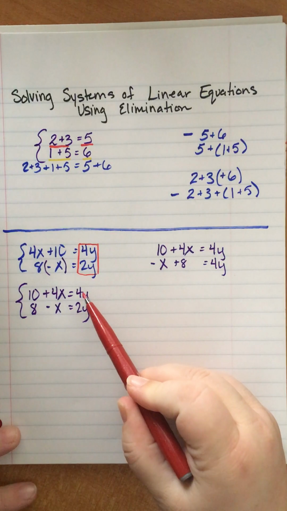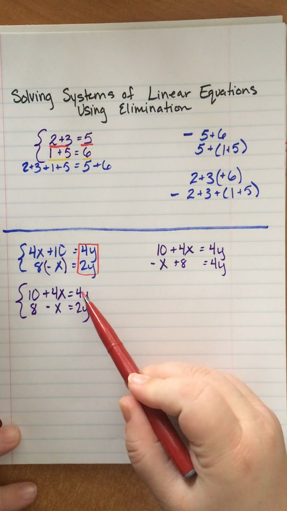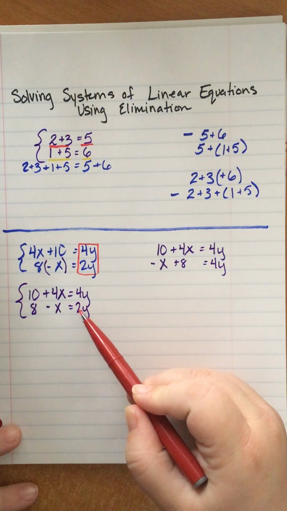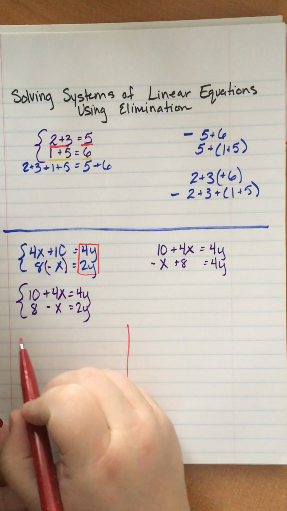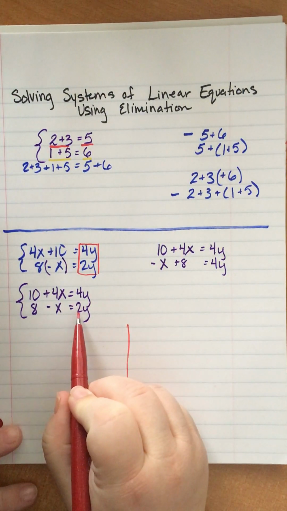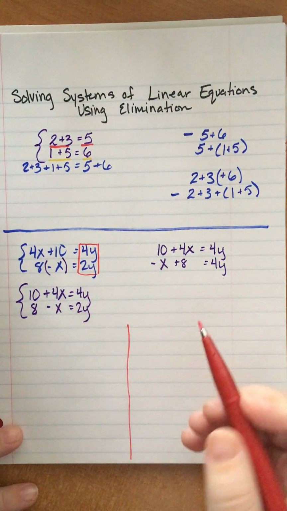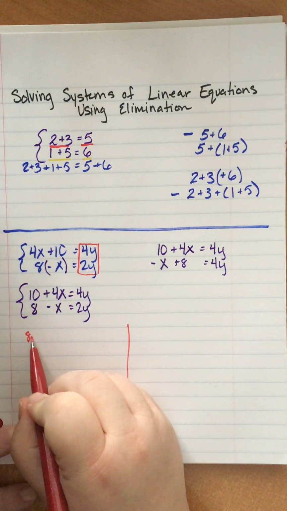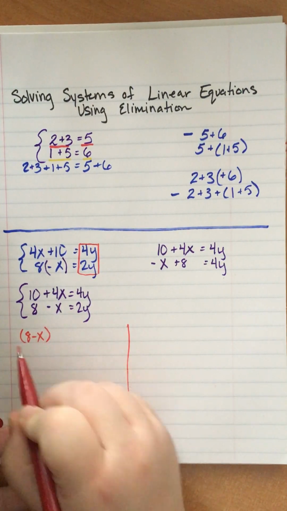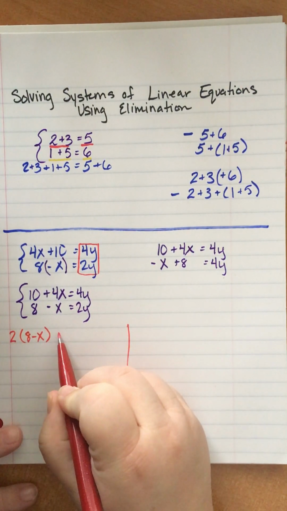So first I'm going to look here. I'm going to say, okay, I've got these y's. I've got 4 and 2, and I'm going to solve that half on this side here. All right, so I wanted to turn this 2 into a 4. Well, 2 times 2 is 4, so I know I've got to multiply both sides by 2.